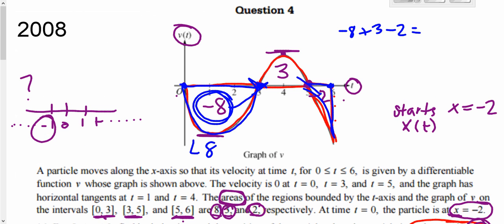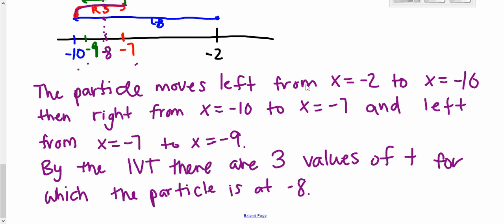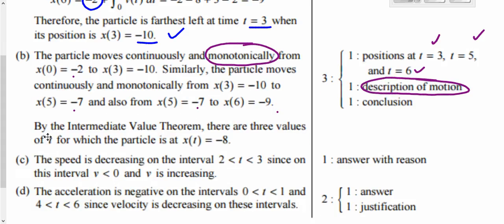So maybe that's something that we need to go back and check, because our answer here, we just said that it moves, but it is important that it is continuous. And they told that to us in the beginning, but maybe we need to make sure that was part of our answer. So we might have lost a point there. But we did say by the intermediate value theorem, there are 3 values of t for which the particle equals -8, so we did get that. So we just need to be more specific when we are explaining how it moves.